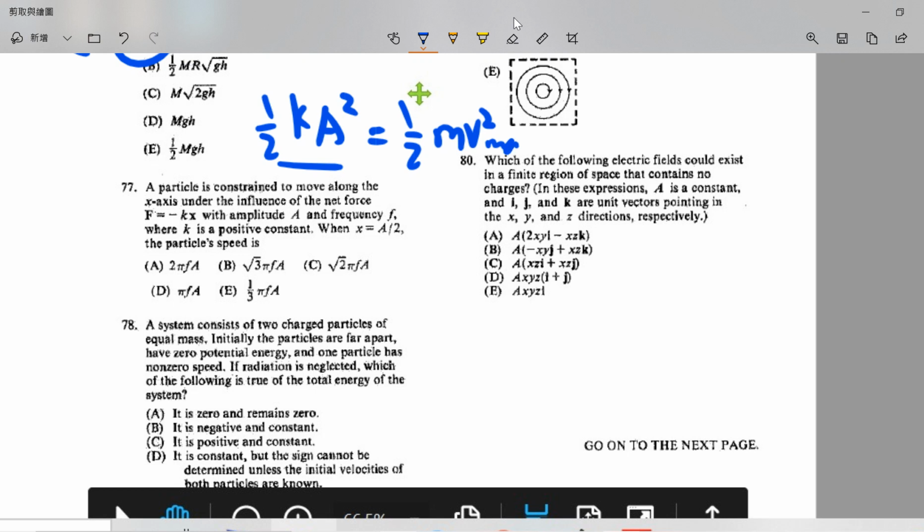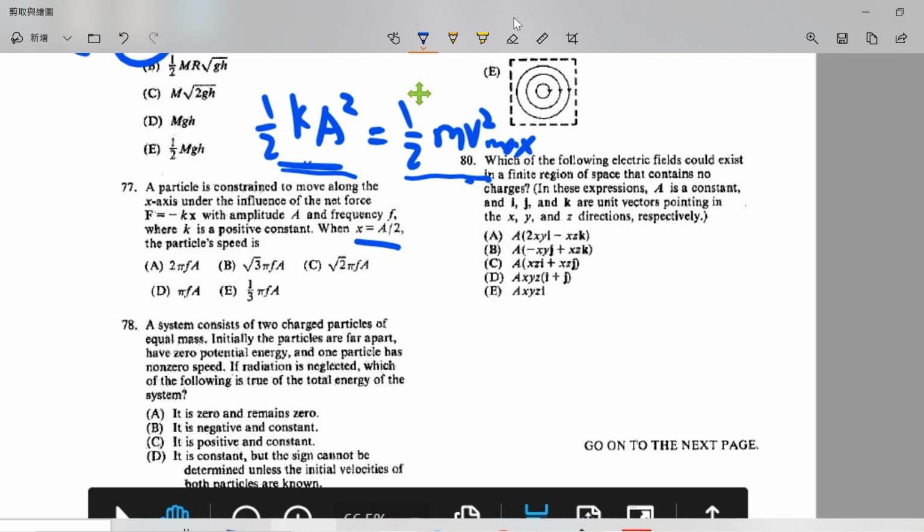When the kinetic energy goes to the max, then it should be the same as the total potential term. Okay, so this is the first term you need to remember. But now you say that x is A over 2, right?